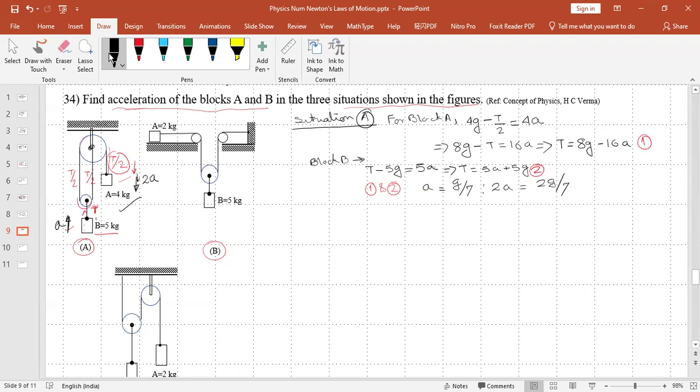So A is the acceleration of block B, which is G by 7, and the acceleration of block A is 2A, which is 2G by 7. That is one set of answers. Now let us go to situation B.